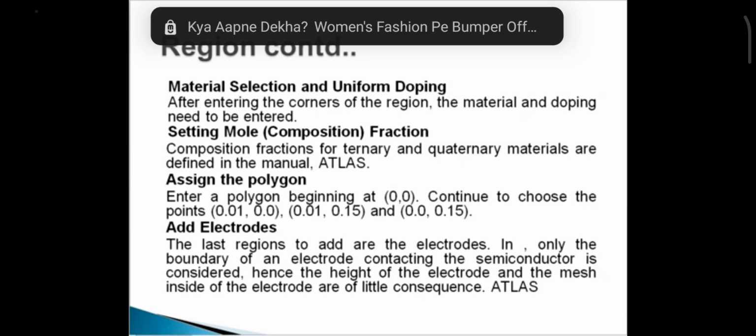The last region to add are the electrodes. Only the boundary of the electrode contacting the semiconductor is considered. Here the height of the electrode and the mesh inside the electrode are of little consequence in Atlas. The width of these electrodes does not matter in the Atlas.